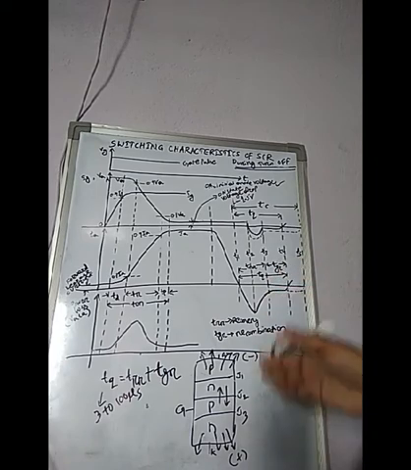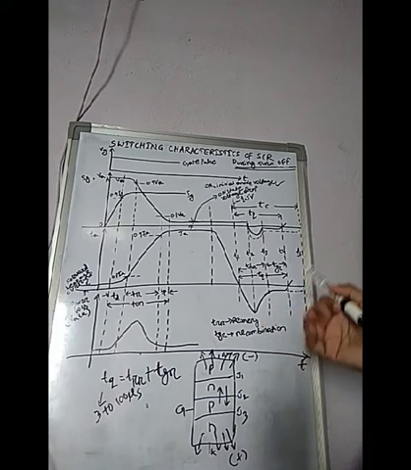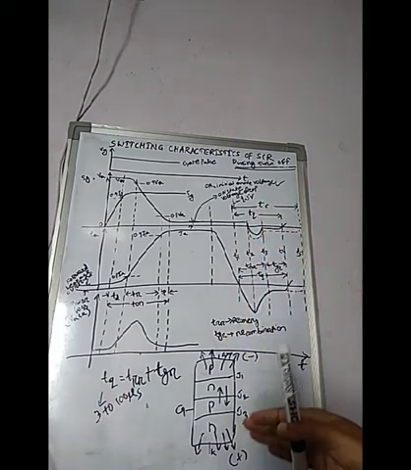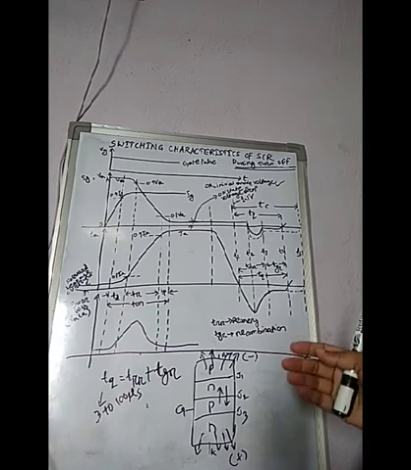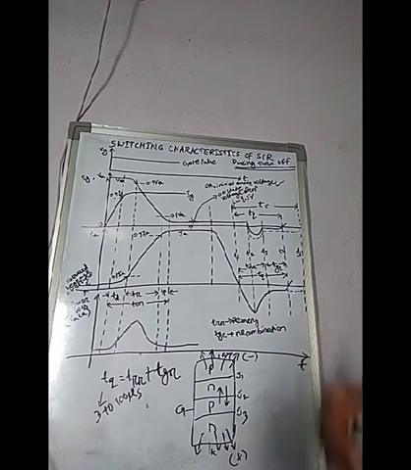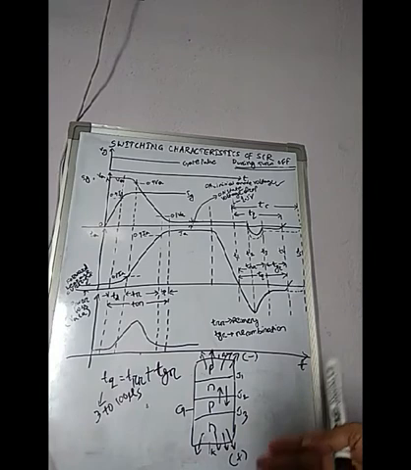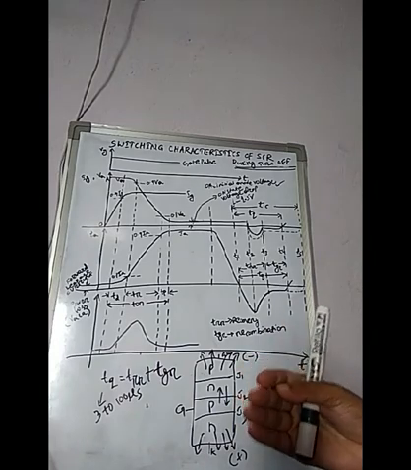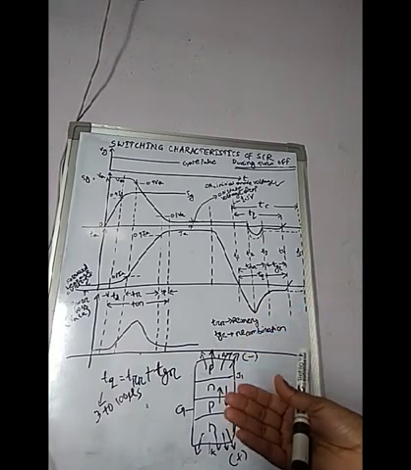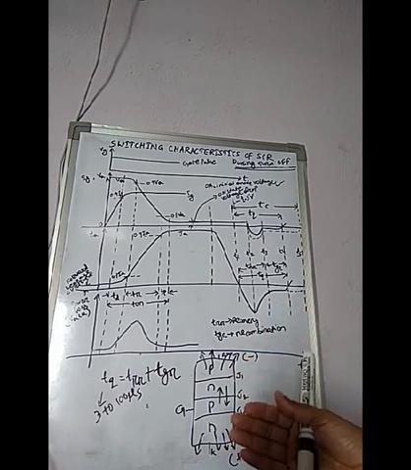If the value of forward current before commutation is high, then the trapped charge around junction J2 is also more. So the time required for their recombination is more, and therefore the turn off time is increased.